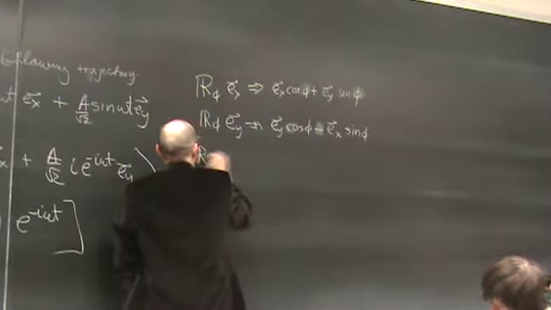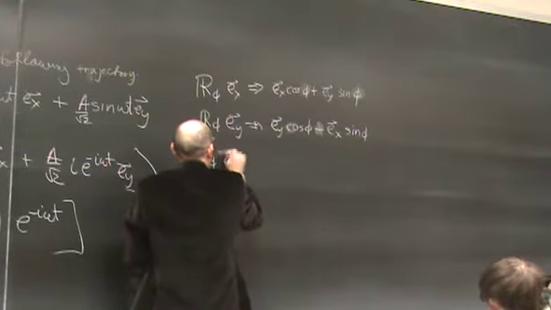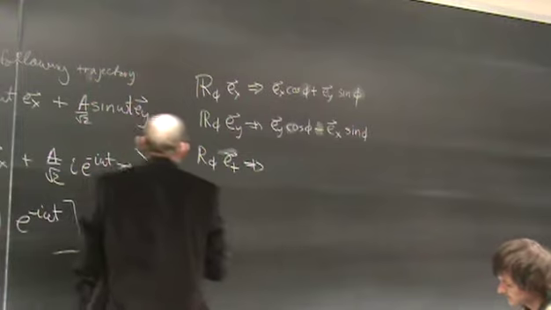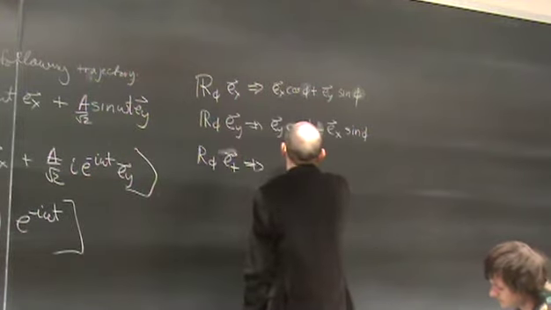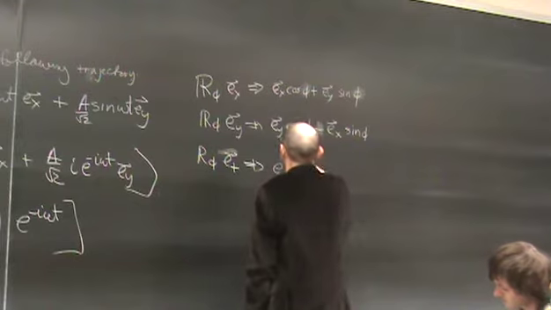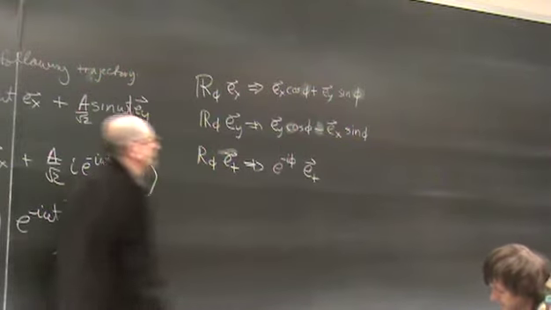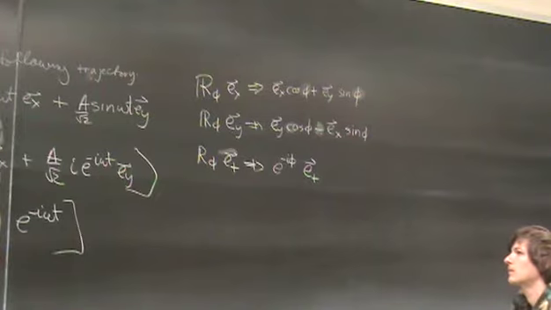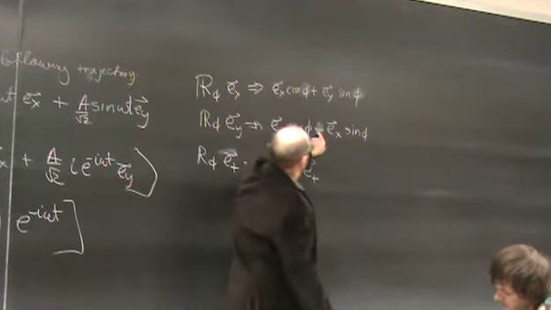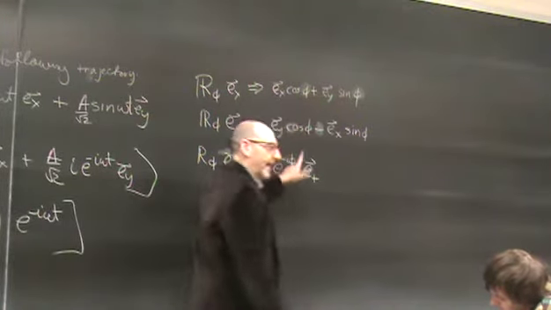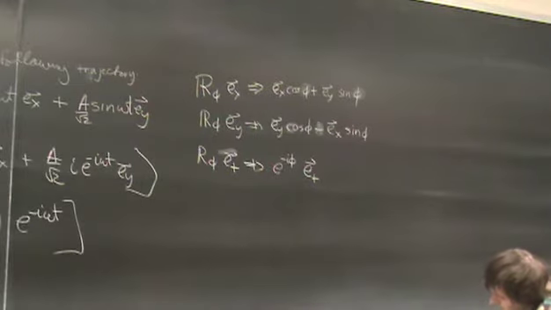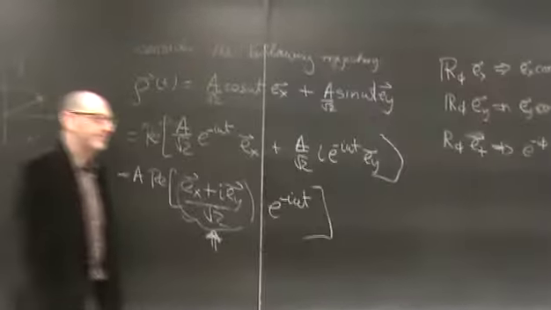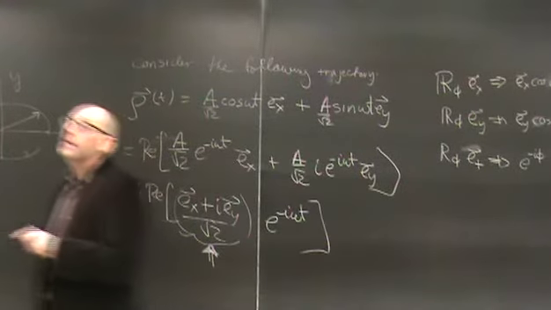Then this vector acting on e plus is e to the minus i phi e plus. You see that? You have to plug all that in, right? Ex goes to that, and then you're going to get ex minus i sine phi, and then it's going to do that, etc. So this vector is an eigenvector of rotation around the z-axis, physical rotation around the z-axis.